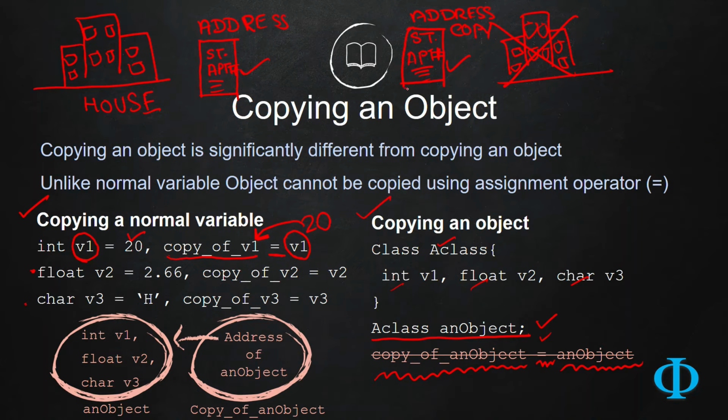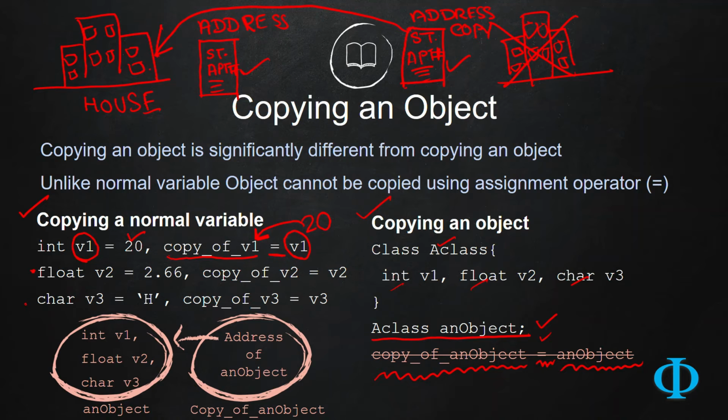And this copy of the address again points to the same house. So whenever you are using just the assignment operator, instead of making a separate copy of your own house, you are just copying the address of the original house, and that's exactly what happens.